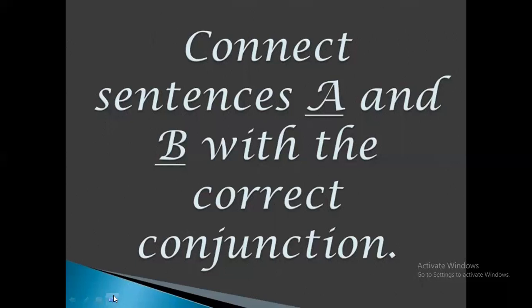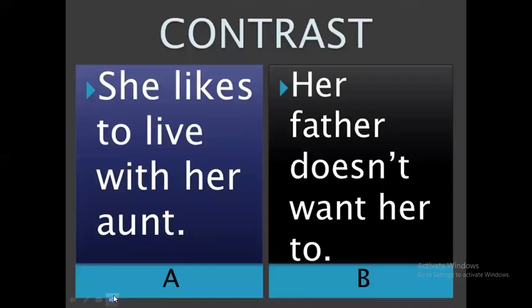This is a very good exercise because these are the kind of sentences that you usually get when we are giving you an exercise or a test in conjunctions. I'll give you time to work this out on your own. She likes to live with her aunt. Her father doesn't want her to.